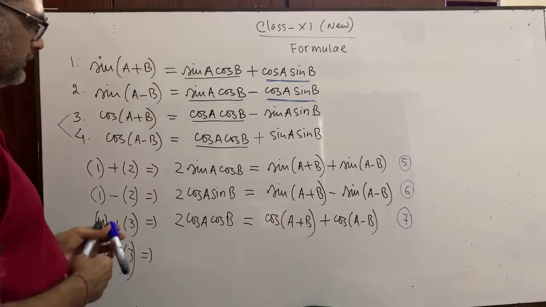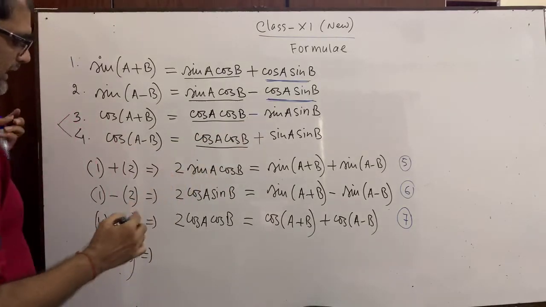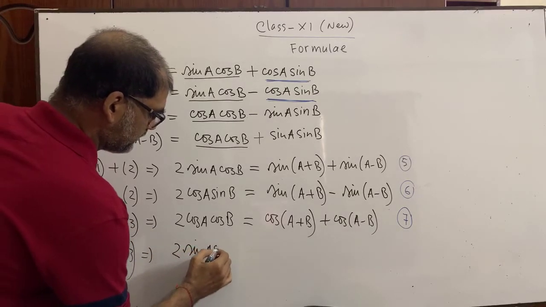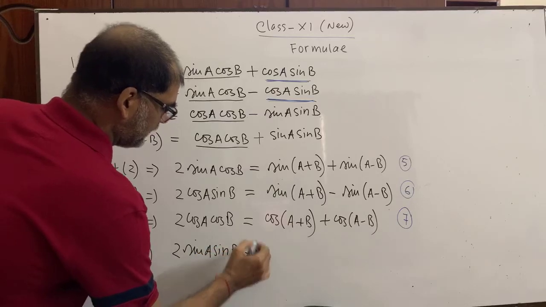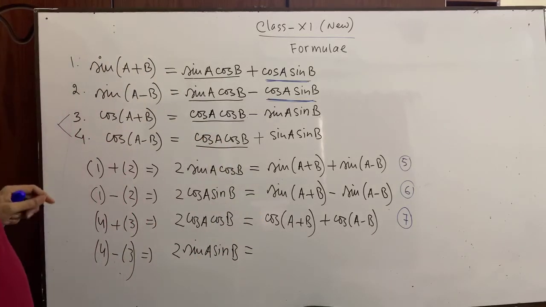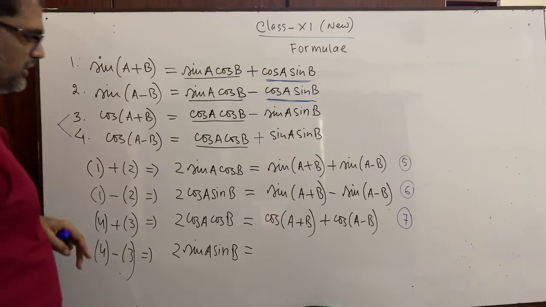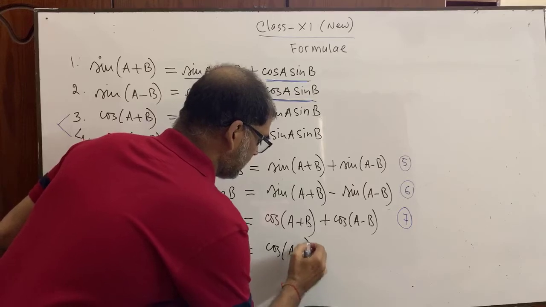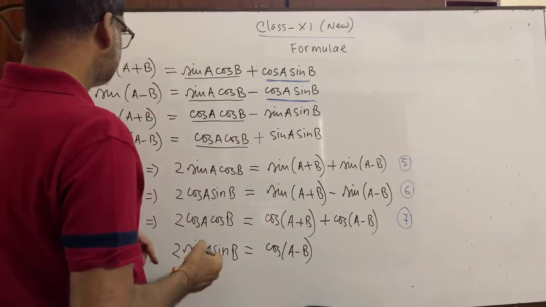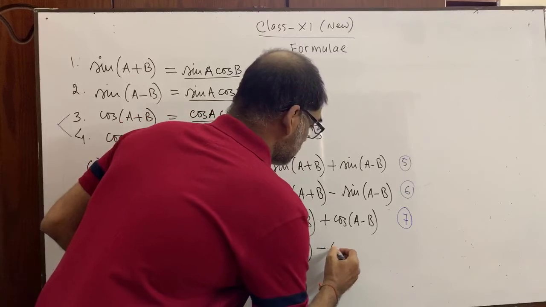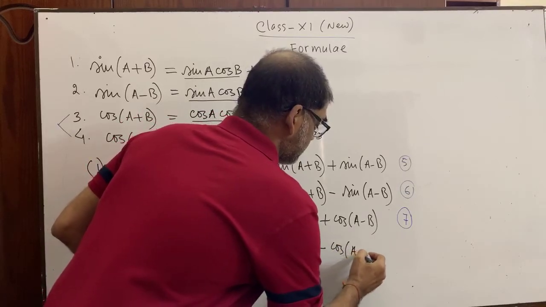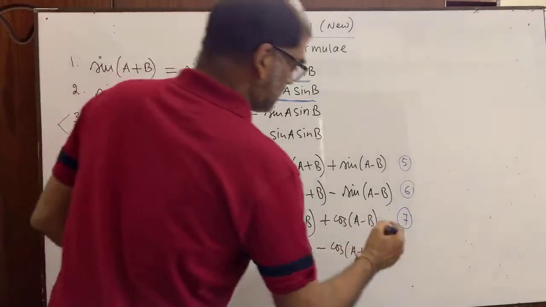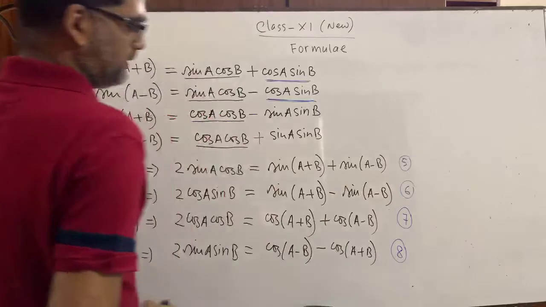That is 2 sin A sin B. Write down 2 sin A sin B is equal to 4 minus 3: cos of A minus B minus cos of A plus B. And here it is formula number 8.